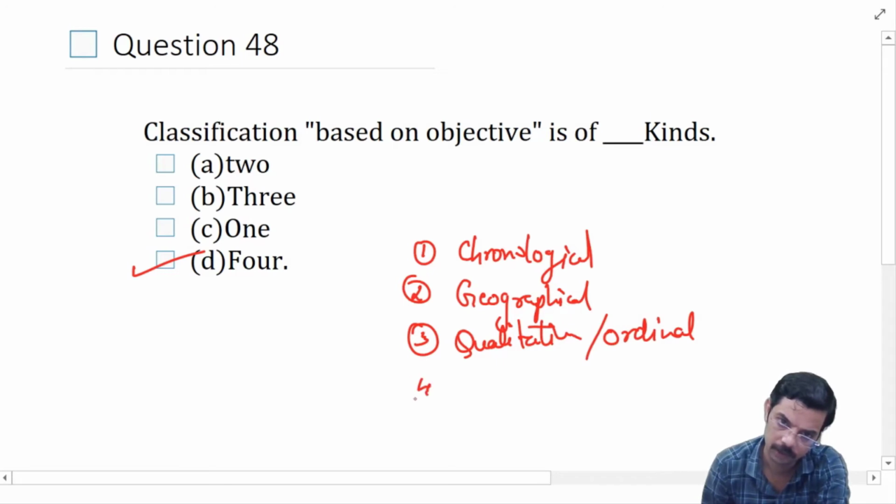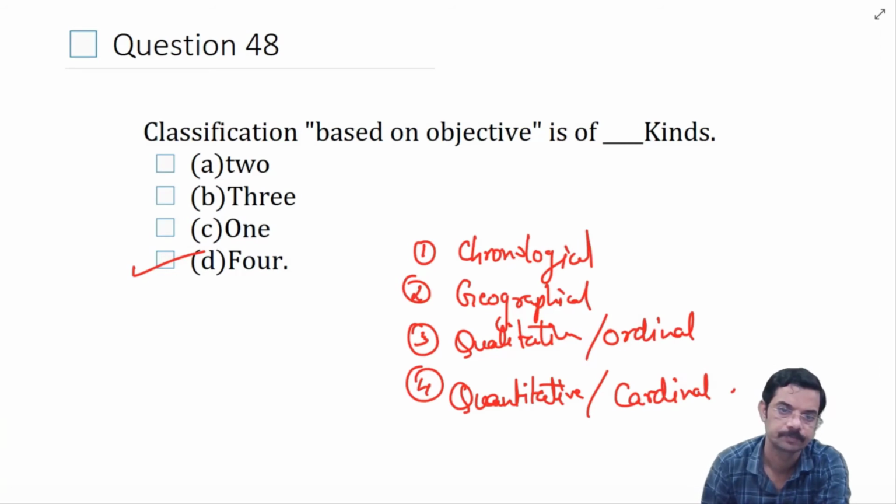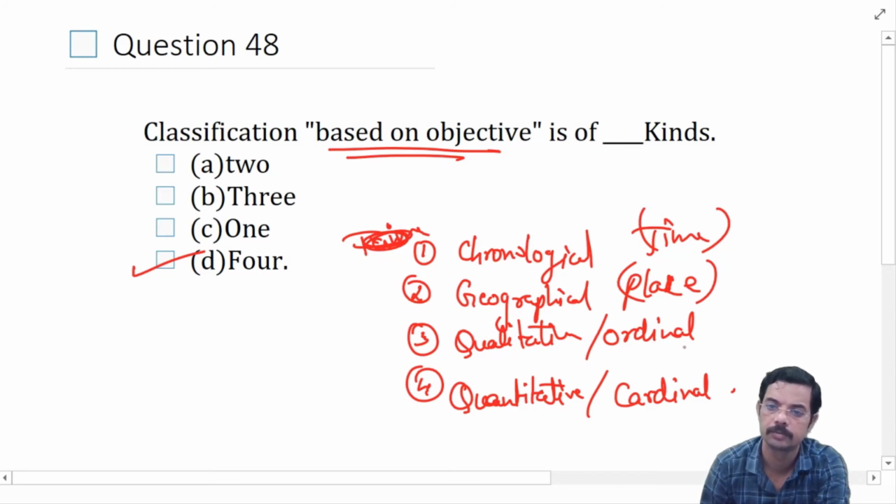Okay. Fourth one is quantitative, or it is cardinal. Okay. Next question. So here there are four kinds of classification based on objective. So objectives are whether time based, place based, or number based, or ordinal, or cardinal.